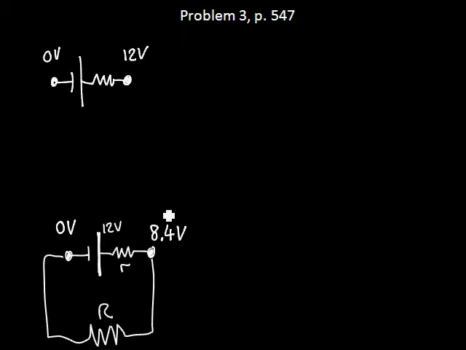Applying the loop rule, what this means is we have 8.4 volts across the external load, and 12 minus 8.4 is 3.6 volts, the voltage drop across the internal resistor while current is flowing through. The current that flows through, we're given, is 75 amps.